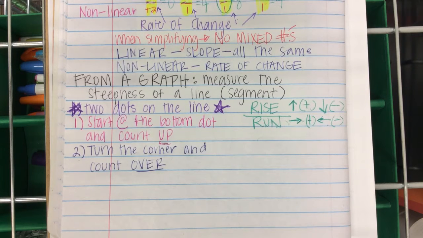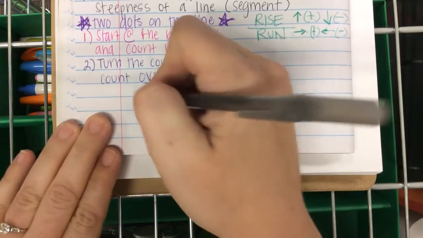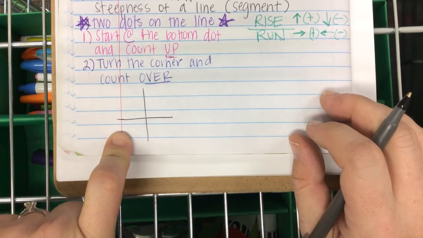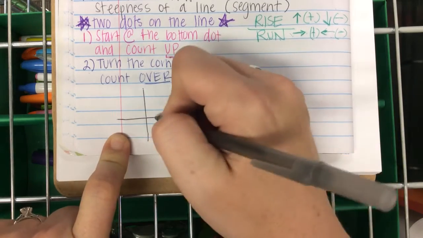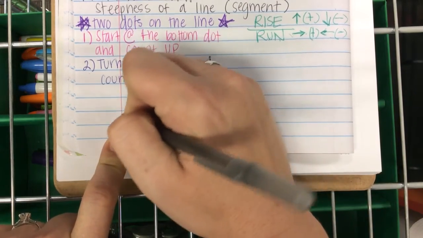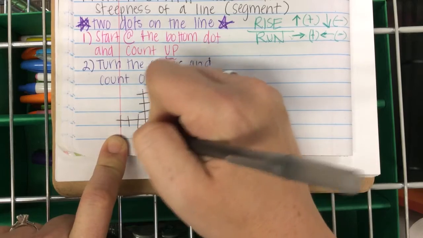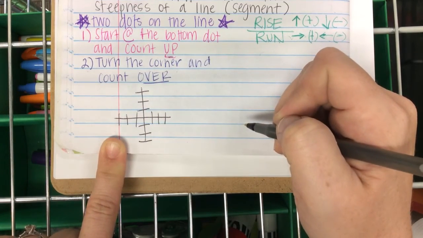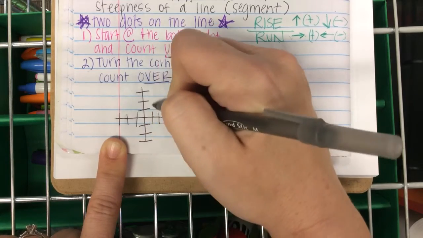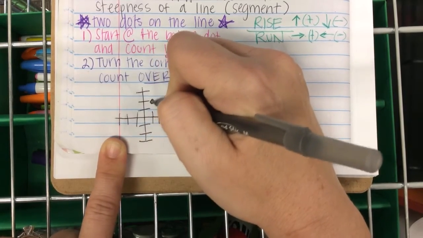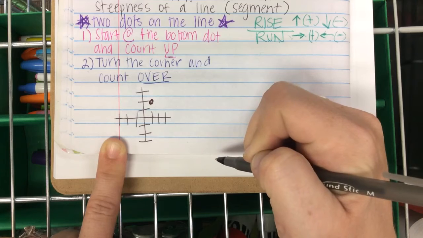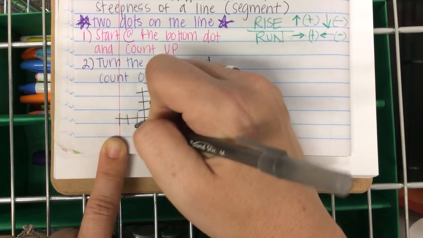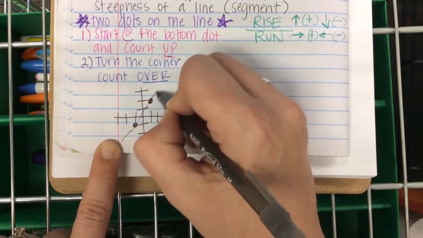Okay, really quick. They're going to be ugly graphs. It'll be okay. 1, 2, 3, 1, 2, 3, 1, 2, 3, 1, 2, 3. Right? If we go over 1 and up 2 to that dot, and my other one's at -1, -1, there's a line.